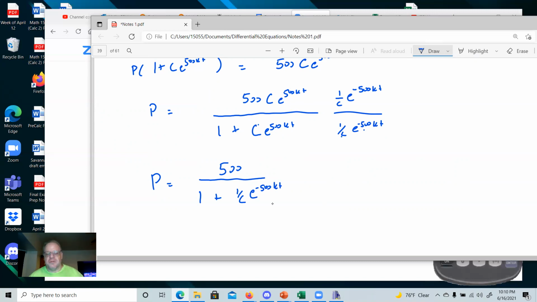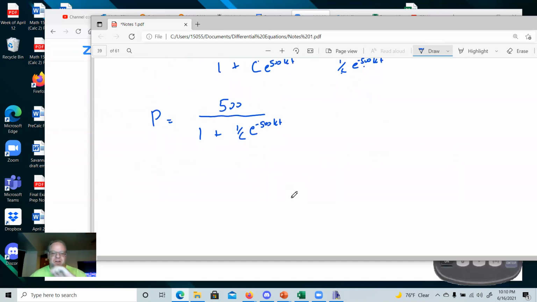Before we do anything else, I just want you to realize, as t goes to infinity, what is this term looking like? This term is looking like 0. E to the negative 500 kt goes to 0, so 1 over C times this thing, still 0. So as t goes off to infinity, we get P is equal to the carrying capacity.